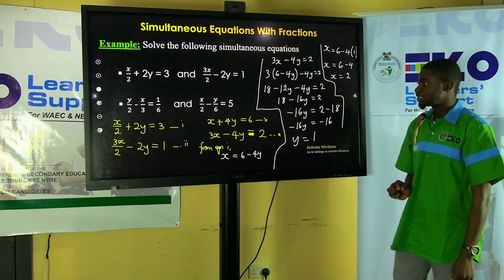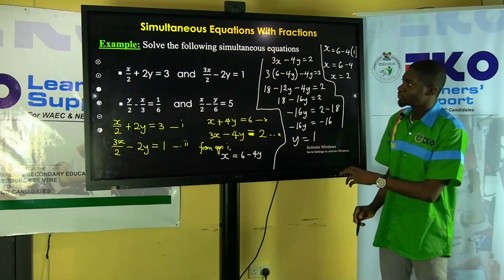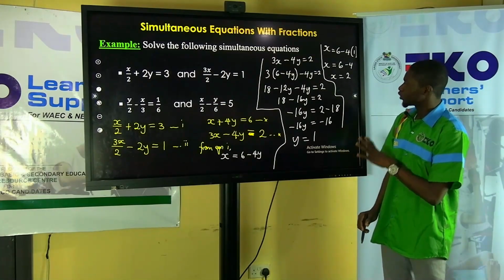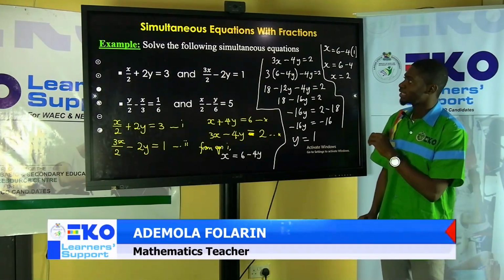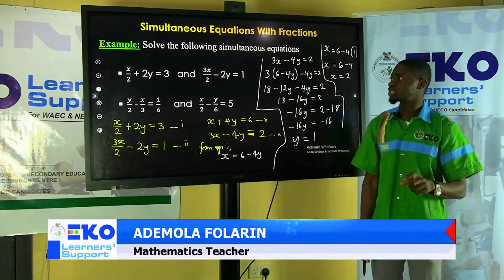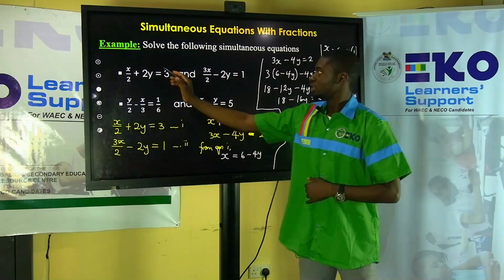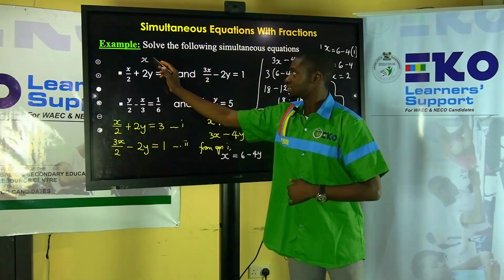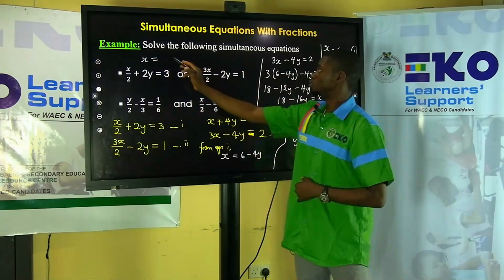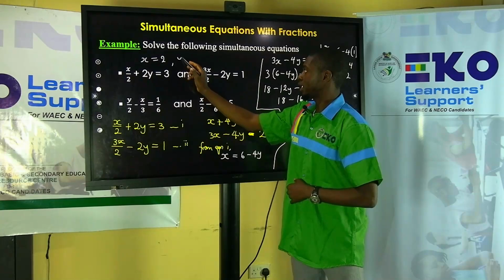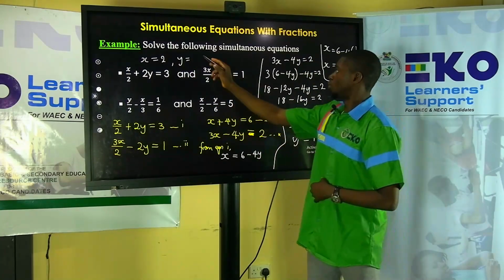Hence, we've been able to determine the value of x and y that satisfy these two equations simultaneously. So for this equation now, x stands to be 2 and y stands to be 1.